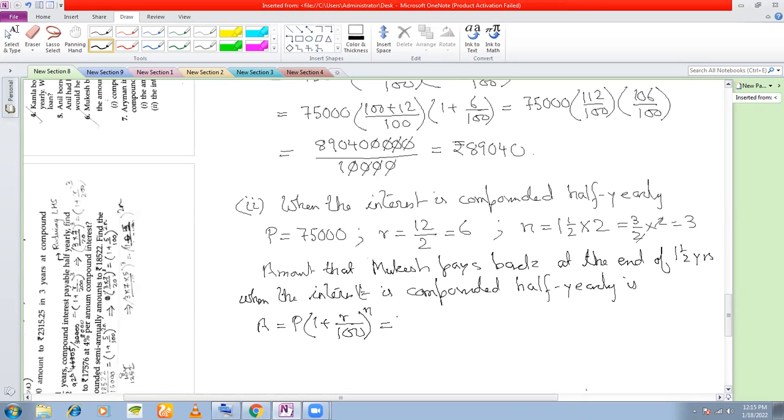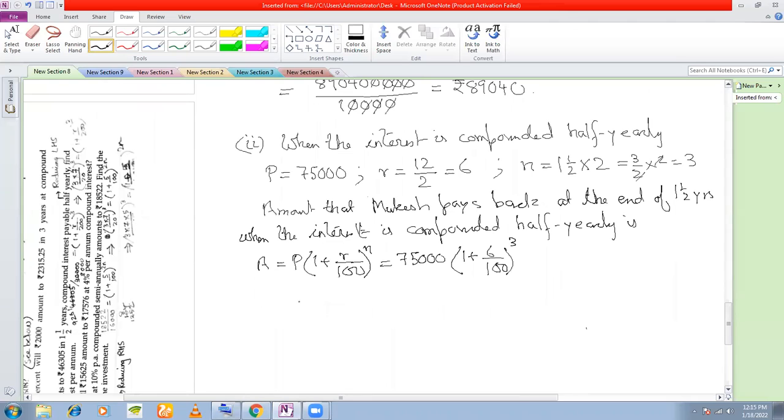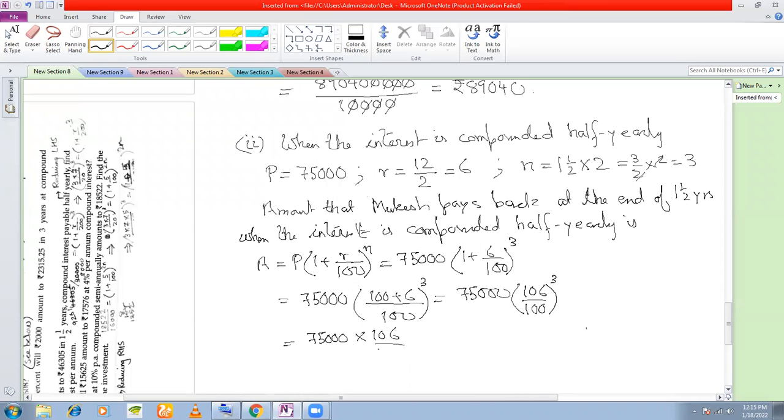Now put the values here. 75,000 into 1 plus 6 by 100 to the power of 3, right? Now we simply calculate this. 75,000, and you can take the LCM within the power. So you get 100 plus 6 divided by 100 whole cube, which is equal to 75,000 into 106 by 100 cube. So this is 75,000 multiplied by 106 by 100 thrice.